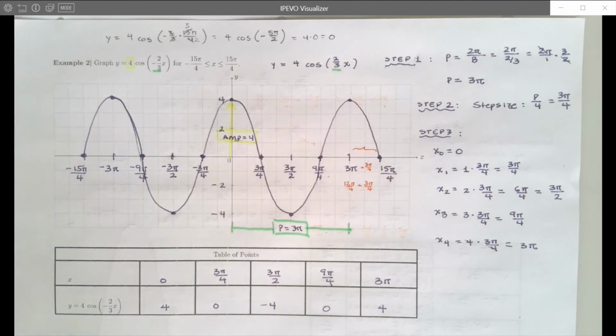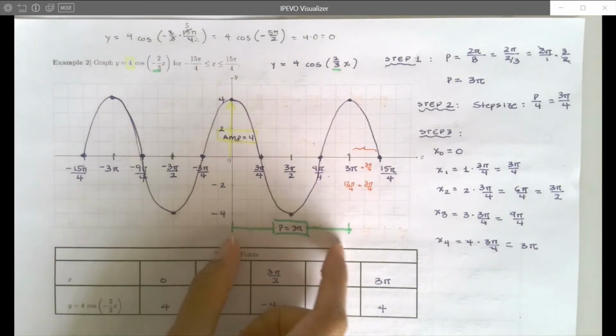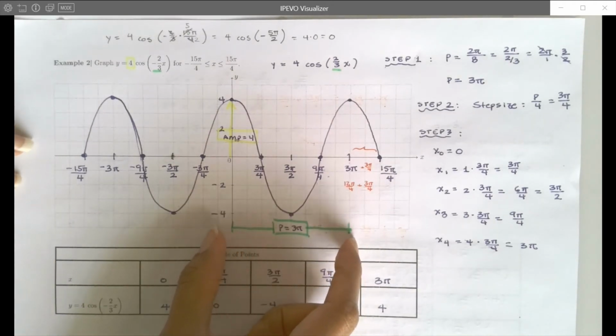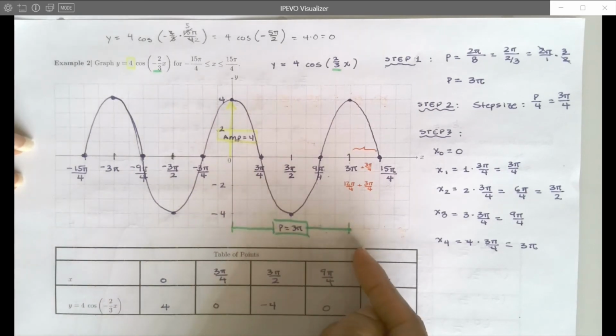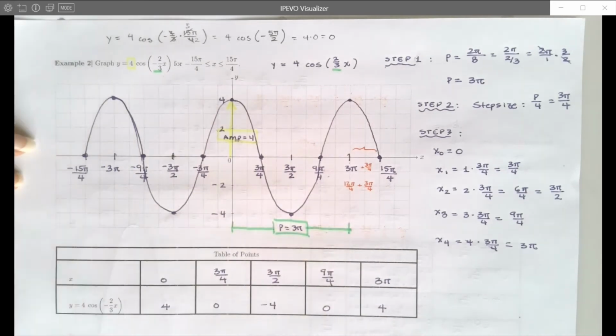So what that means is that you're going to have to take more than 2 pi radians in order to see the full cycle, meaning the period has to extend. And that's exactly what's happening here. We see the period extend beyond 2 pi into 3 pi. Okay, so all is in agreement.